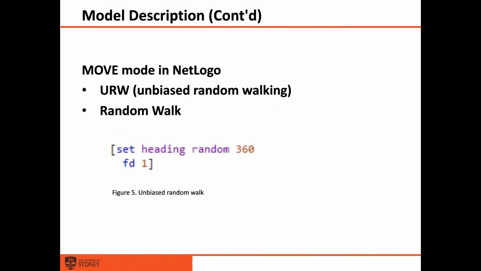In addition, there are 2 ways for our people to move in the model: random walk and unbiased random walk, which are controlled by a button in the code from Fig 5, which means that in the initial setting, if isolation is not adopted, people's movement will be carried out randomly through unbiased mode in all directions.